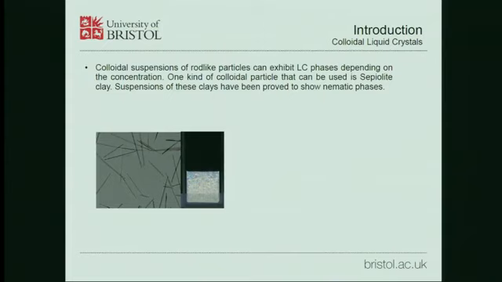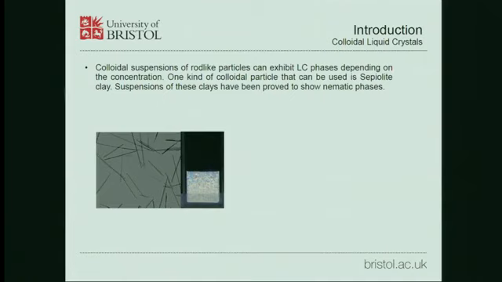In these colloidal suspensions, what we have is particles that are sterically stabilized, and you can have these with different kinds of particles. What we do in our group is we use clays, and one of the clays that we use are rod-like particles. You stabilize them and you put them in a solvent.